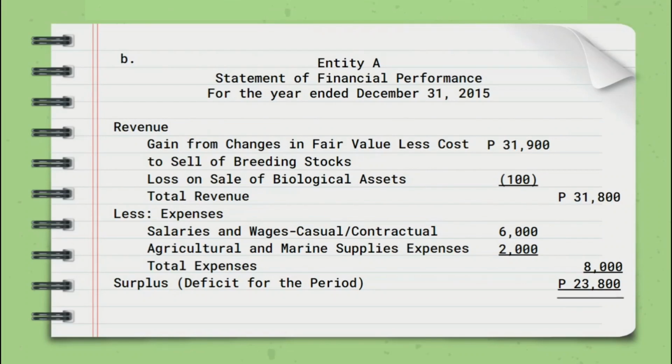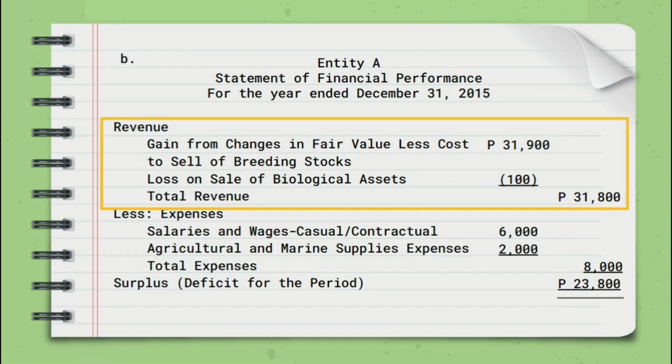Moving on to Entity A's Statement of Financial Performance for the year ended December 31, 2015, we need to compute the revenue and expenses in order to know the surplus or deficit for the period.